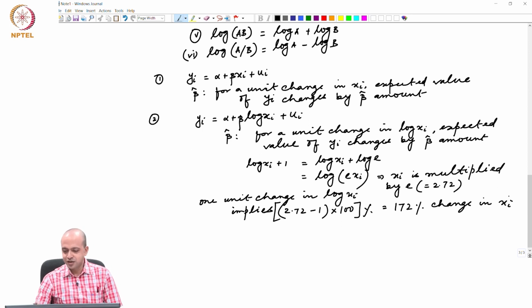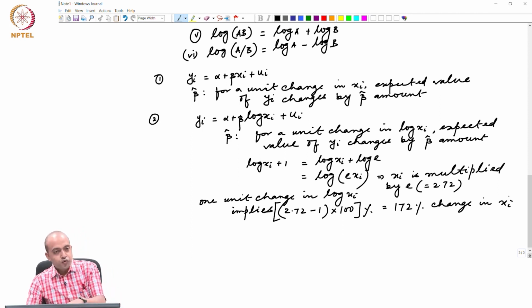Please try to understand what I am saying. First I said, what is the interpretation of beta hat? For a unit change in log xi, the expected value of yi changes by beta hat amount.